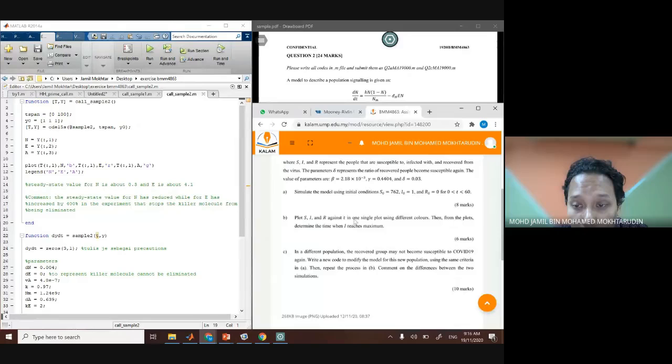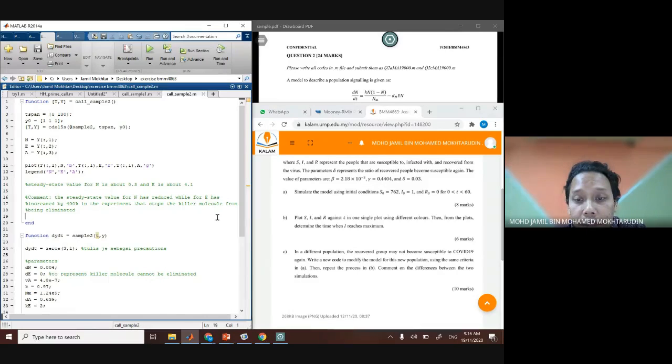Then question B, you need to plot in one plot, different colors. And then here, you need to determine the time when I reaches maximum. To determine it, you just look at the graph you plot, okay? So determine roughly. Tak perlu measure ataupun buat code.